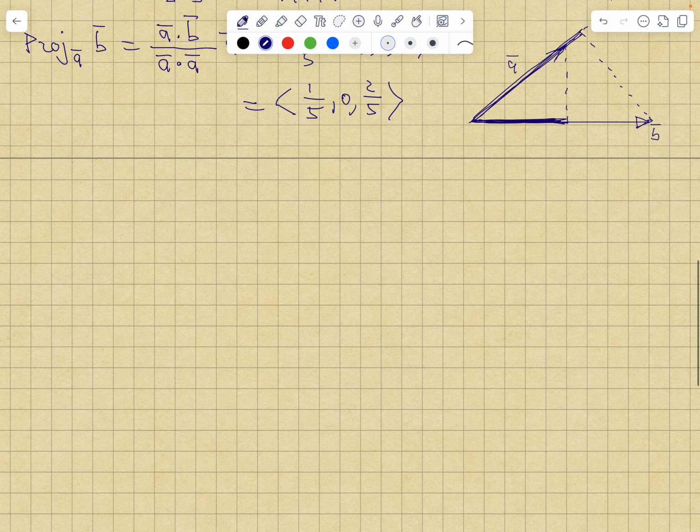The next topic that I want to discuss is one specific application of a dot product, and that is work.